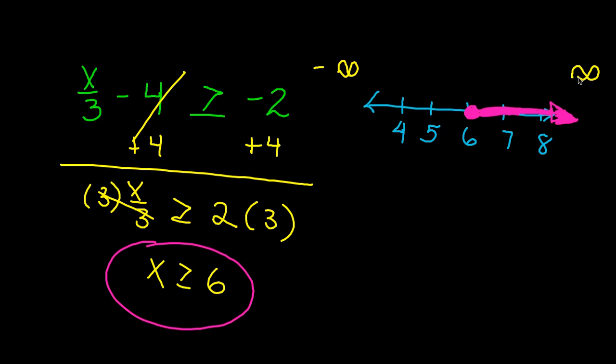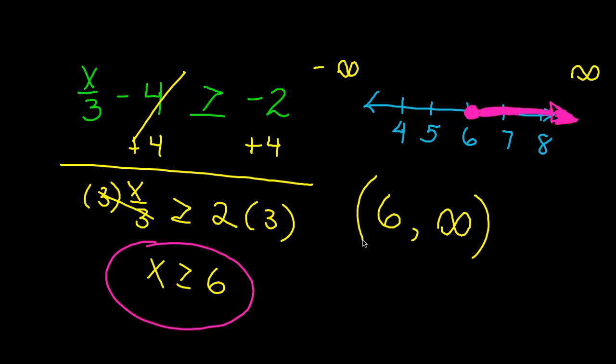When I read this from left to right, my coloring starts on the number 6. So it's going from 6 all the way up to infinity. Again, we never include infinity, so we're going to use that parentheses symbol because infinity is not an exact number for us to say. But the number 6 this time is included. So I don't want to use the parentheses symbol because that parentheses symbol would indicate that I'm not allowed to use the number 6.